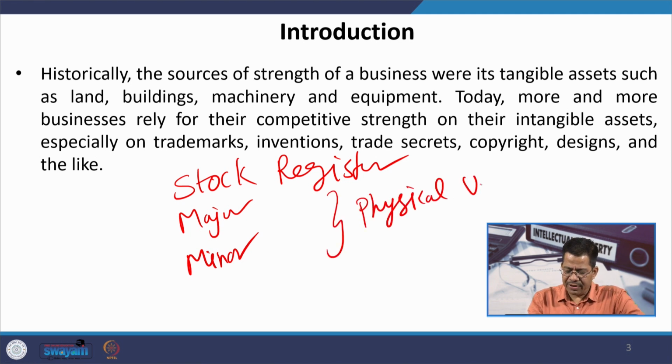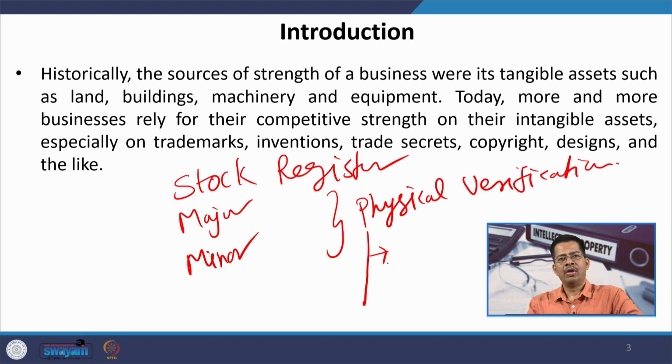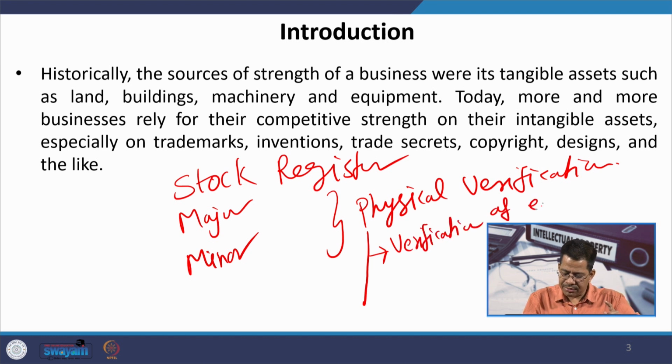and with that physical verification there are two very important purposes. One is whether all the assets, all the equipment, other tools etc. are physically available in my store or not. It is quite possible that somebody has stolen those assets. So, that is one thing, verification of existence, that these assets are there.